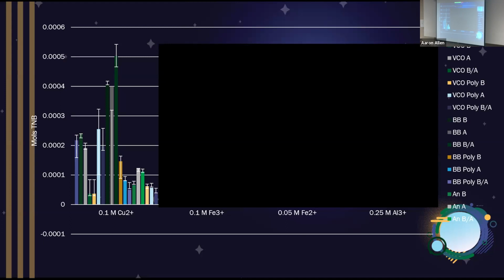So we measure the amount of moles of TMB created, which is done by adding DTNB, a known standard. And when that reduces down to the TMB, that shows that oxidative stress is being prevented. So the higher the amount of moles of TMB that form, the less oxidative stress is actually happening in these cells. Our far column here, the dark blue, is the control of just known ROS scavengers.